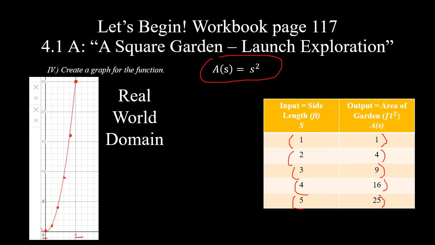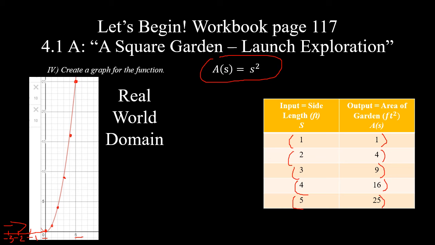Now, it makes sense that our real world domain does not have any negative numbers. We didn't look over here on this side of the x-axis. If I had extended this, then it would go -1, -2, -3. We didn't see any negative inputs because we were thinking about lengths of a garden. You're not going to have a garden with a length of -1 feet.